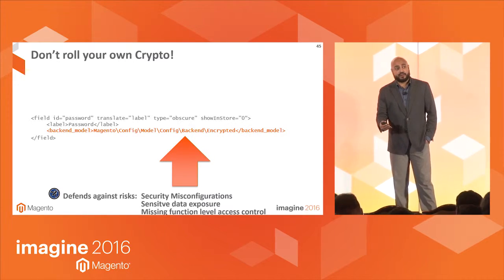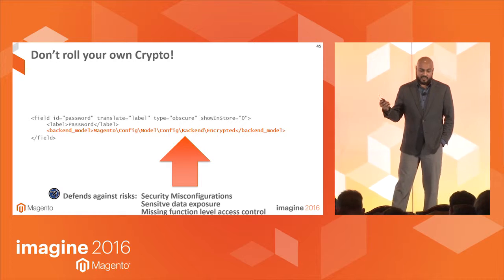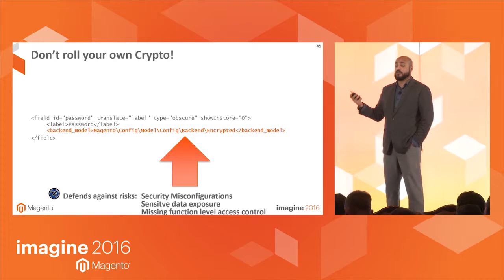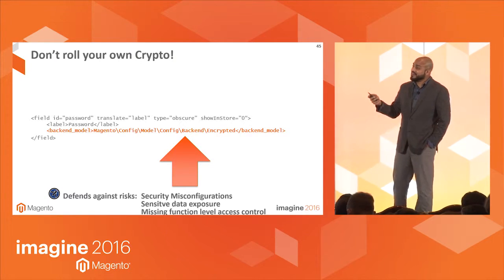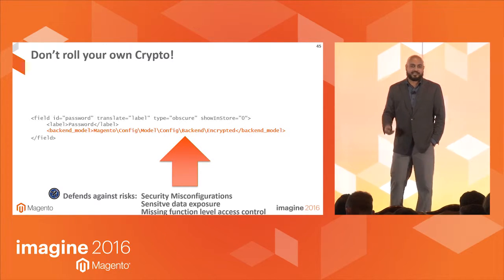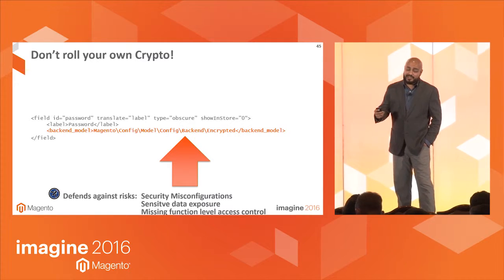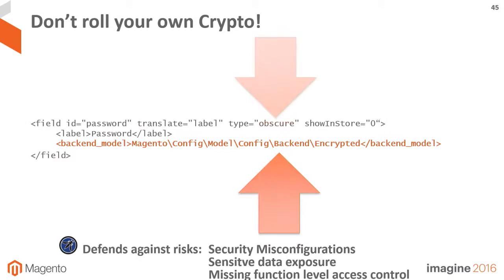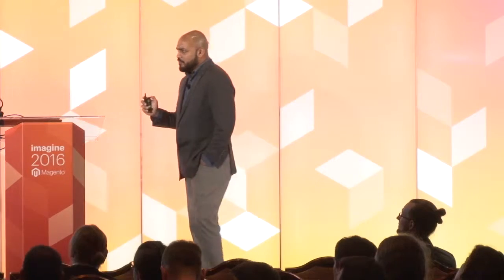Yes, it's symmetric encryption, and yes, if an attacker gets a hold of your code or your encryption key, they'll be able to break it. But as I said, it's one more hurdle. If an attacker just reads your database, they'd never be able to figure out what your sensitive data is. And as a bonus, this little thing here, obscure, makes dots instead of typing, so you defend against someone looking over your shoulder.